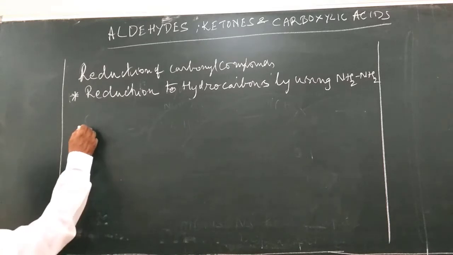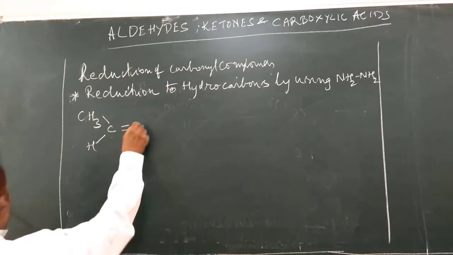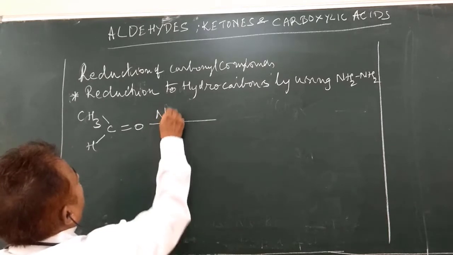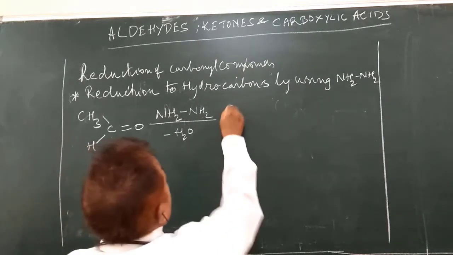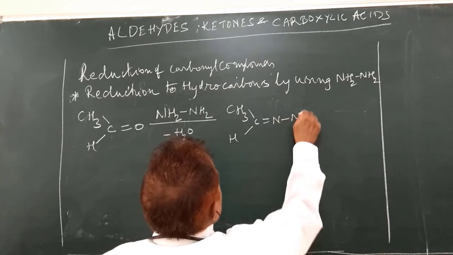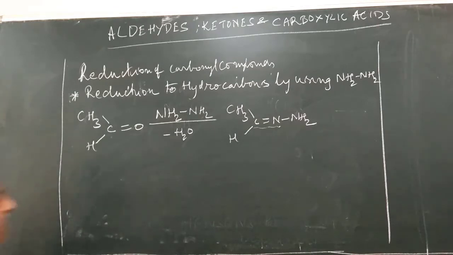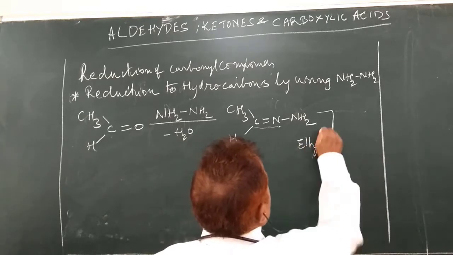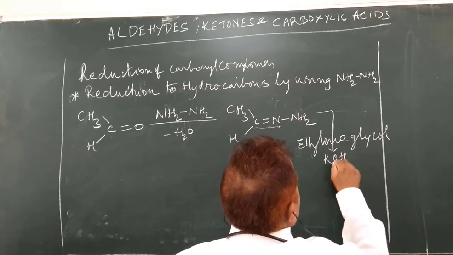So here CH3CH double bond O, and here NH2 NH2, and of course minus water, we get CH3CH double bond N NH2, and of course this is hydrazone, and this is in the presence of ethylene glycol and KOH.